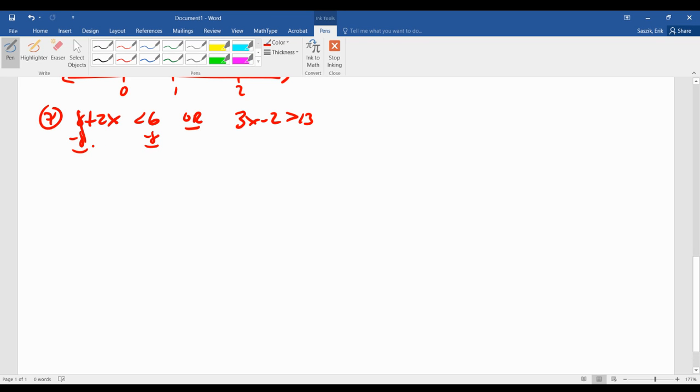Move the 8 over. That'll be negative 2. Do a little division. X is less than negative 1. Don't forget to bring this word down because that's part of the problem. We're going to move this 2 over. So we get 3x is greater than 15, and we get x is greater than 5.